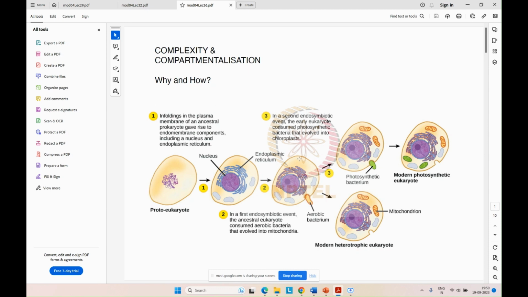Therefore, it's a double membrane. Then, as a subsequent step, there was a diversification in which certain of these mitochondria-containing cells engulfed a photosynthetic bacterium, which led to the production of chloroplast inside the eukaryote, and some didn't, and these were heterotrophic in nature.